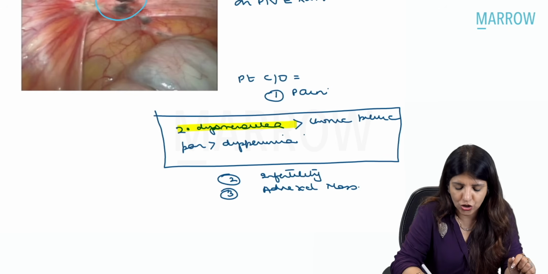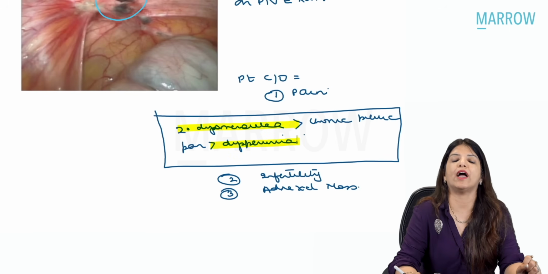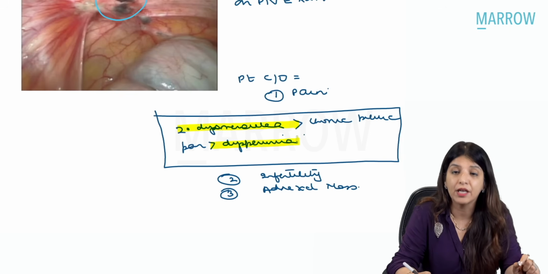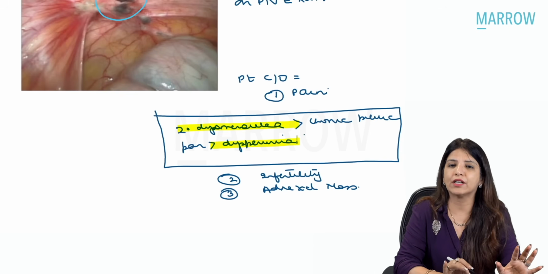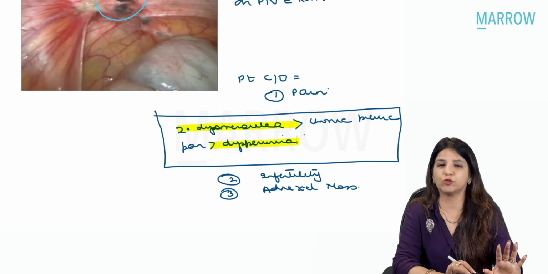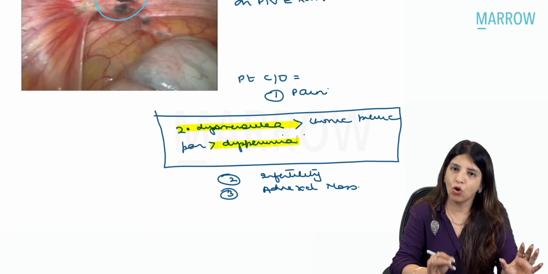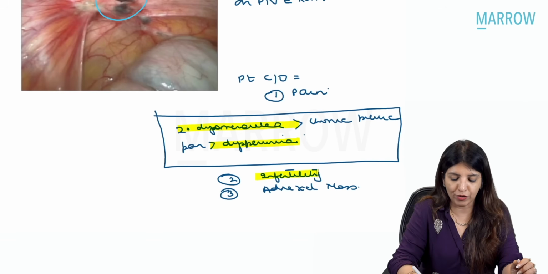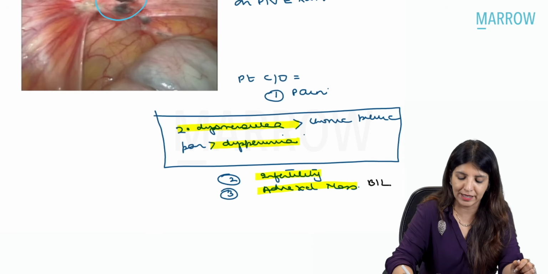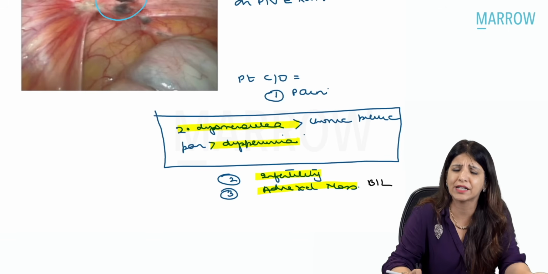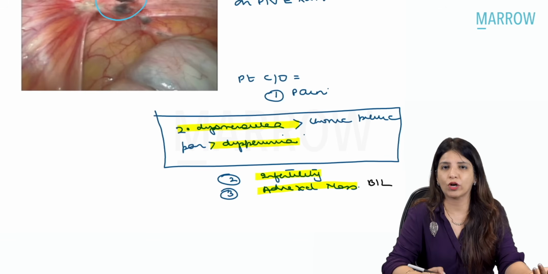Whenever in your question you are getting dysmenorrhea and dyspareunia together, it means it is endometriosis. In no other condition are you going to get dysmenorrhea and dyspareunia together, right? Along with pain, the patient may complain of infertility and adnexal mass. This is a bilateral adnexal mass, and actually it is nothing but a chocolate cyst.